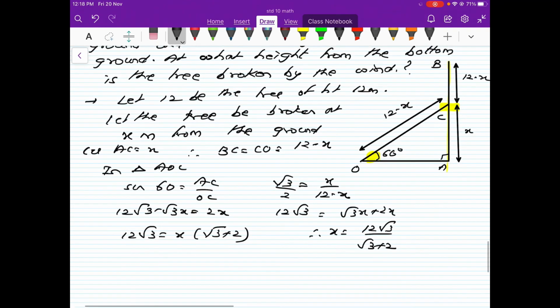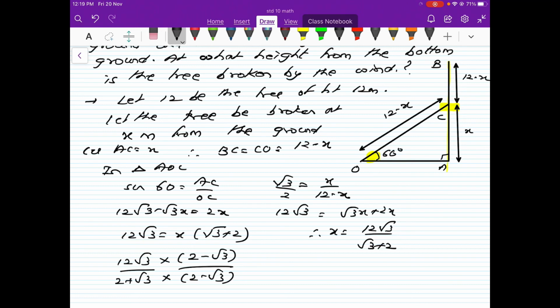So if we want to rationalize this, we can just rationalize this: 12 into root 3 into 2 minus root 3, upon 2 plus root 3 into 2 minus root 3. So we are getting 24 root 3 minus 36. If we replace the value of root 3 as 1.74, we are getting 5.57 meters.